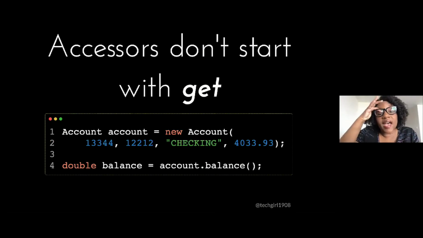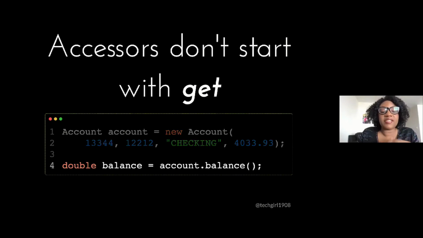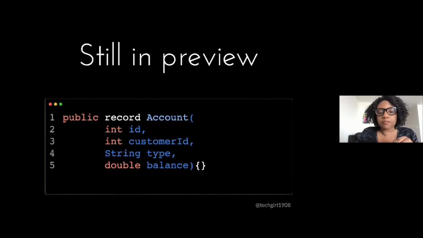Now, you do have accessor methods. However, they don't start with the word get. Instead, the accessor method name is the same as the field name. So notice here I'm saying account.balance as opposed to account.getBalance.